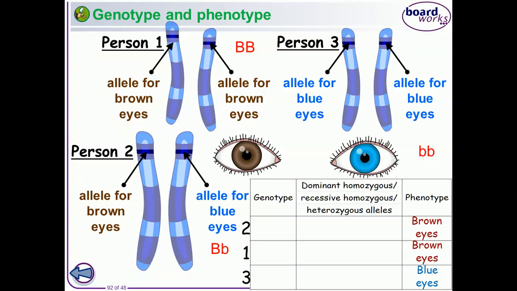And then if we look at the genotype, person 2's genotype is capital B lowercase b, and the reason why it's two letters is because there are two alleles, one allele inherited from one parent and another allele inherited from the other parent, and that's why we use two letters. Person 1's genotype is capital B capital B, and person 3 is lowercase b lowercase b.